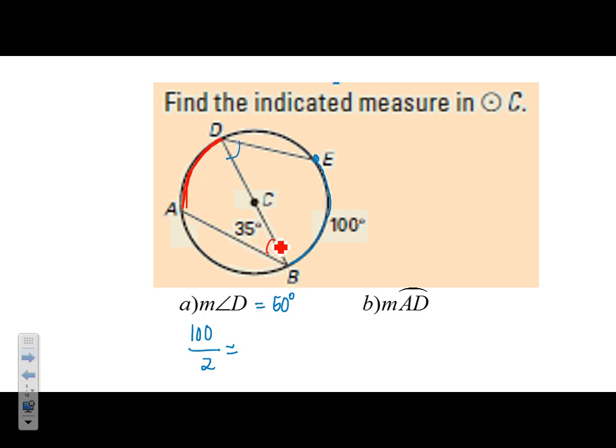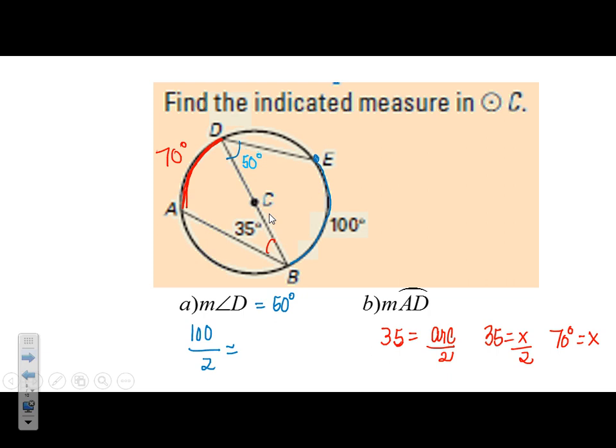The angle that it correlates with would be 35, so 35 would equal arc divided by 2. If I solve this for the arc, I could put an x there if I wanted to, multiply both sides by 2, and I would get x equals 70 degrees. So this would be 70 degrees, and angle D would be 50 degrees.